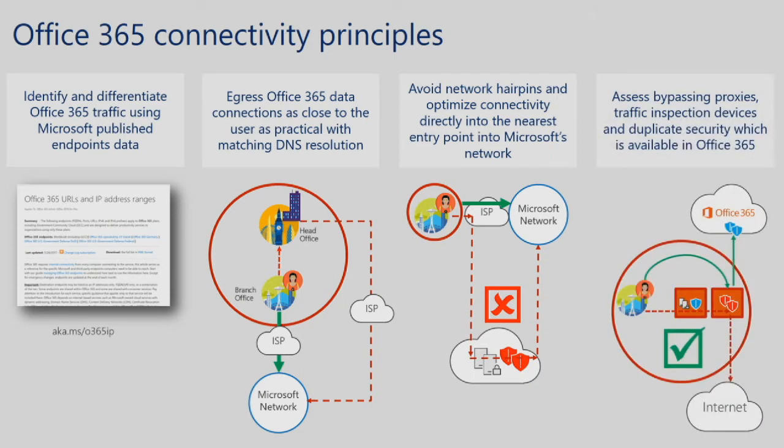And finally, this kind of links into the first one. Assess bypassing proxies and traffic inspection devices, which duplicate security that is already provided in the application layer. Those of you that were in the session this morning, delivered by Jeff Mielif and Kostya Rifkin, would have heard around the principles around this, that Office 365 is secured at many layers in the actual application layer.